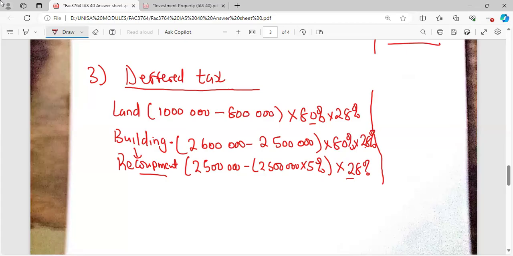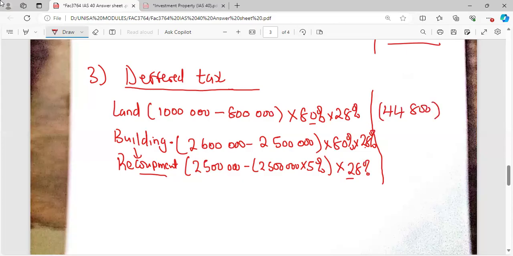It's 200,000 times 80% times 28%. Am I right? So I got here 44,800. 44,800 is a deferred tax liability.